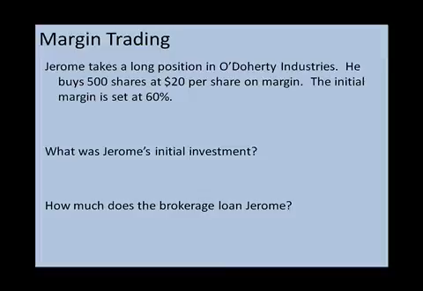And how much does the brokerage loan Jerome? The first thing to do when considering this is to think about what margin really means. And we know that margin is equal to the equity that we put in divided by the value of the position you take in a stock.